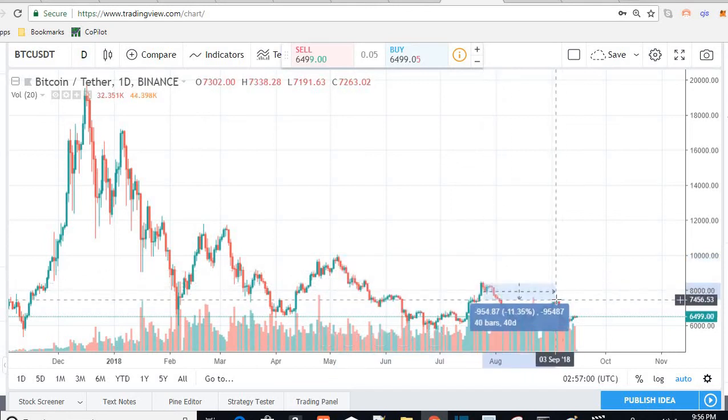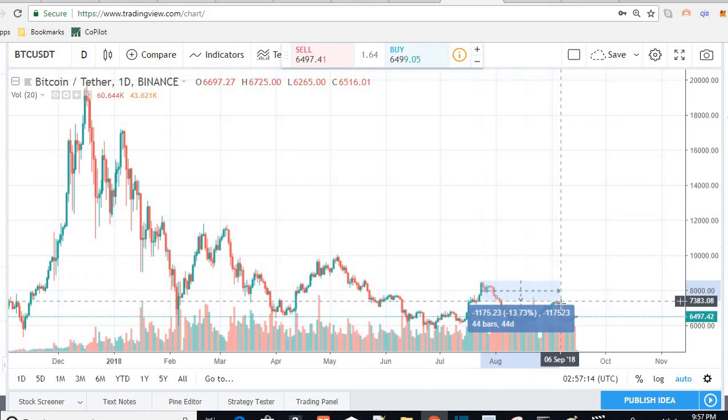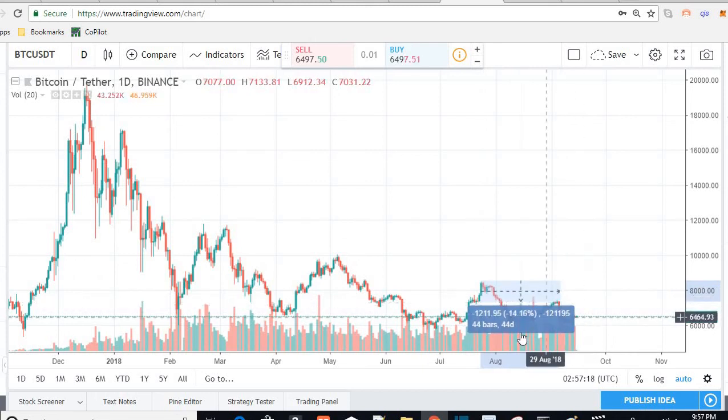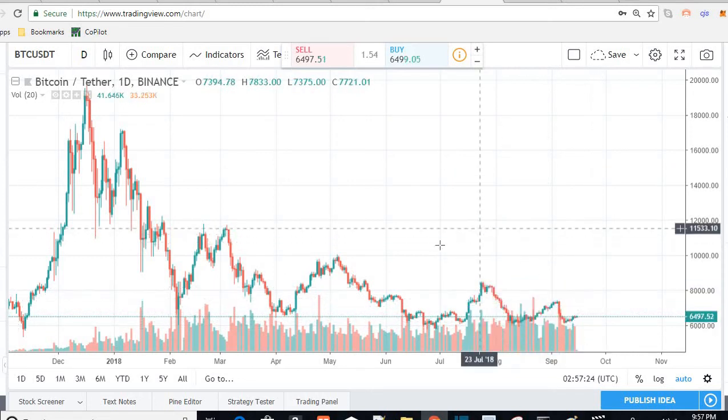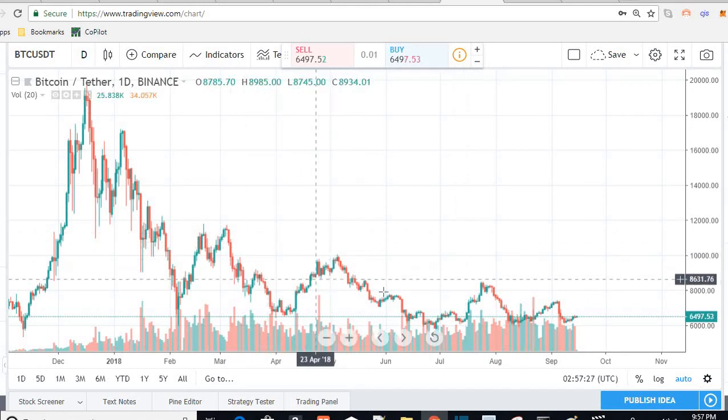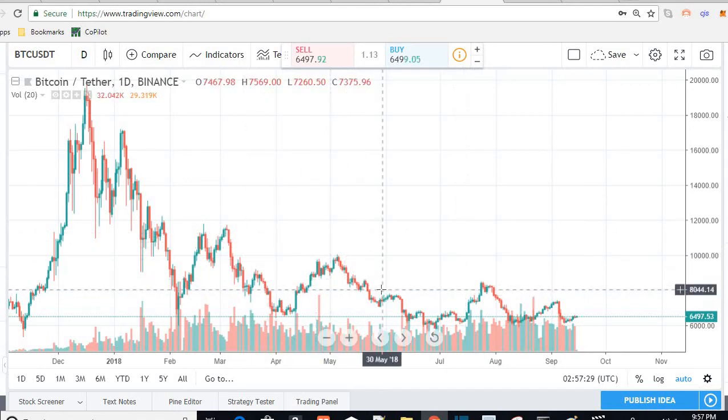Let's look at the next one. So there's roughly 14.6. So what do you think is going to happen on the next bounce? So that is the trend that I do not see too many people or any videos about.